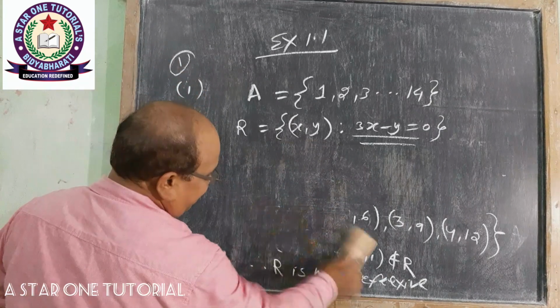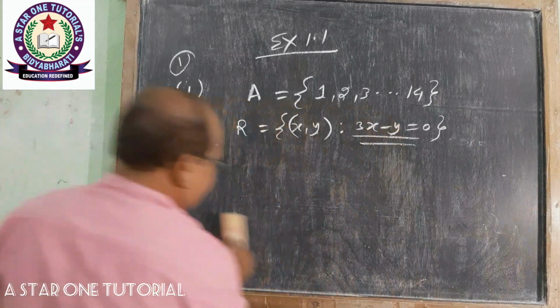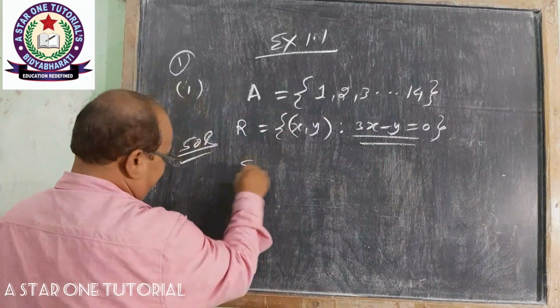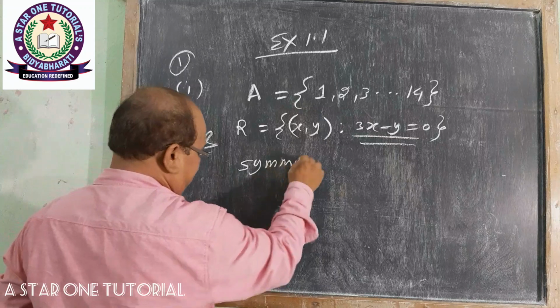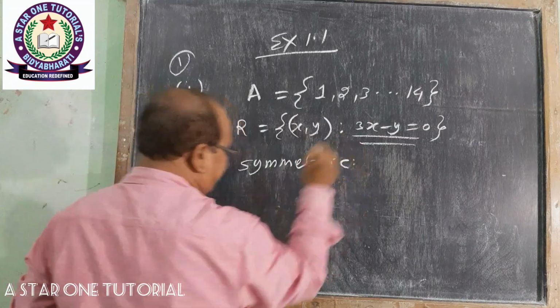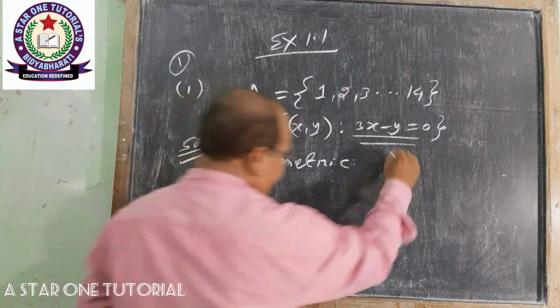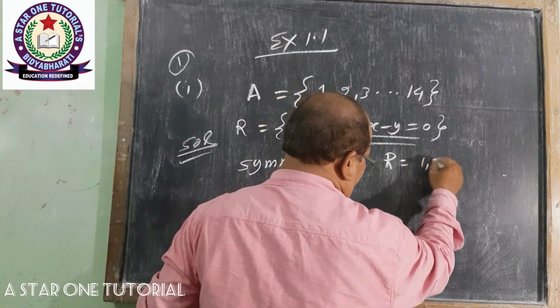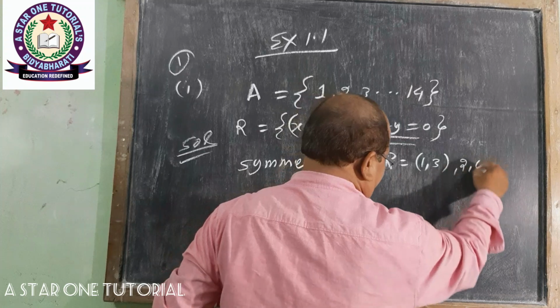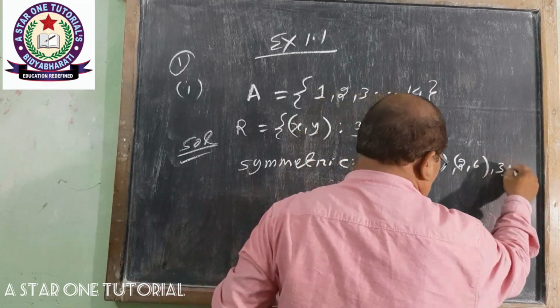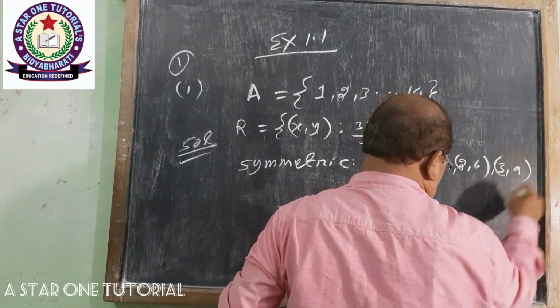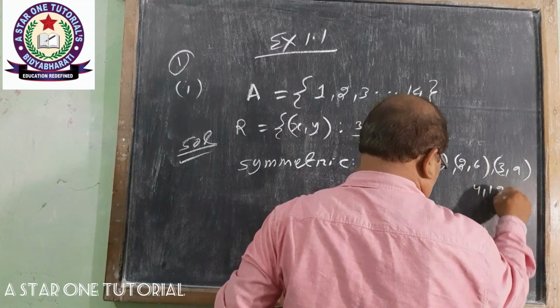Then come to symmetric. Here R is equal to {(1, 3), (2, 6), (3, 9), (4, 12)}.